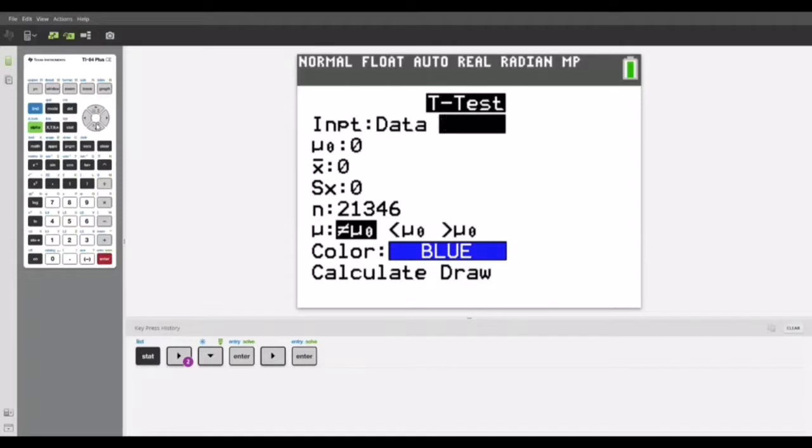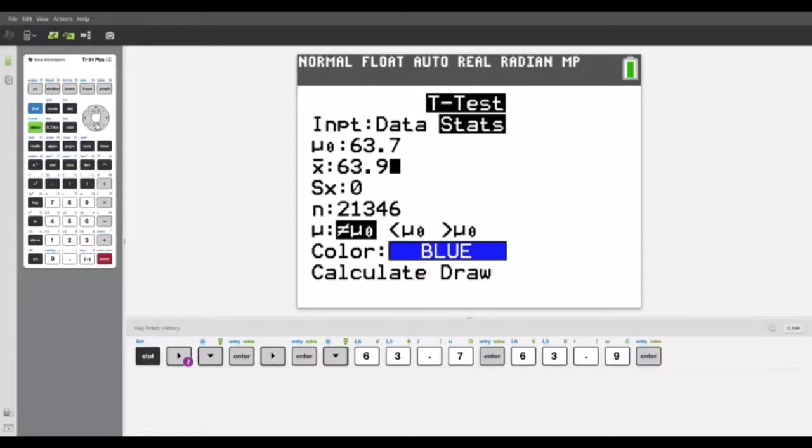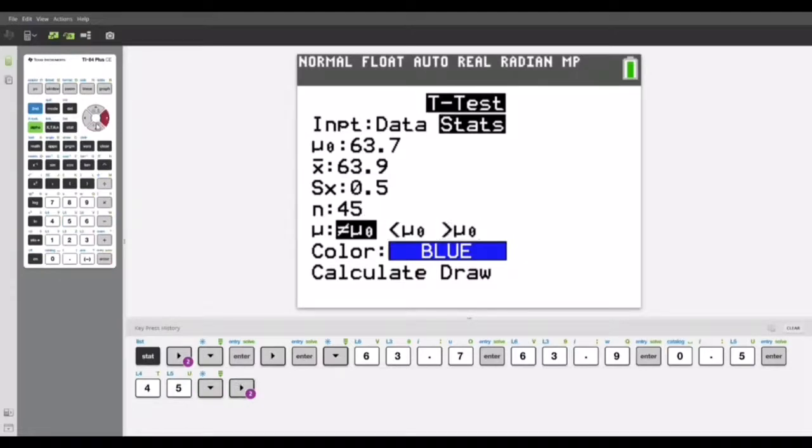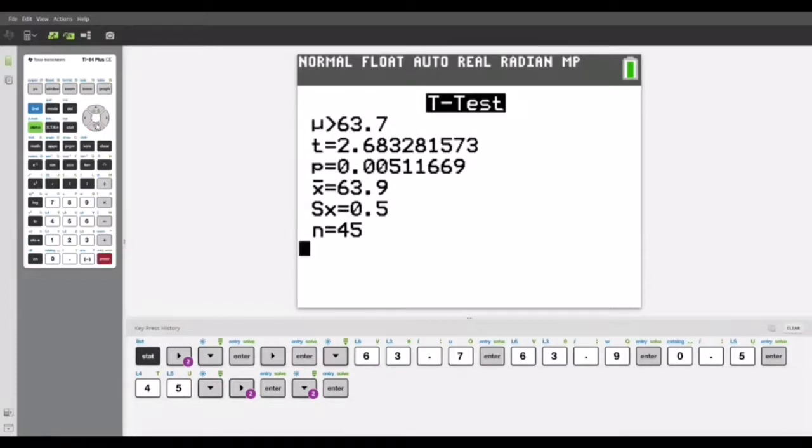Mu naught for this problem is 63.7. X bar is 63.9. S is 0.5. And our sample size is 45. Our alternative hypothesis is greater than. And then scroll down to Calculate, hit Enter. And we get T, which is our test statistic, and P, which is our p-value.